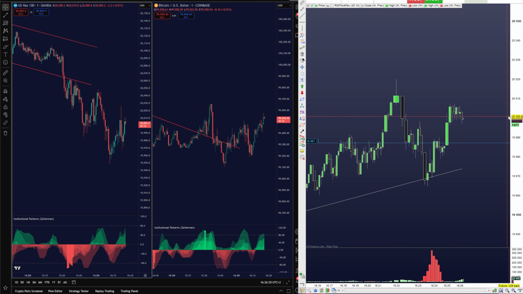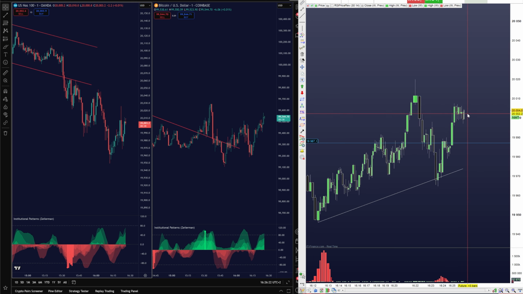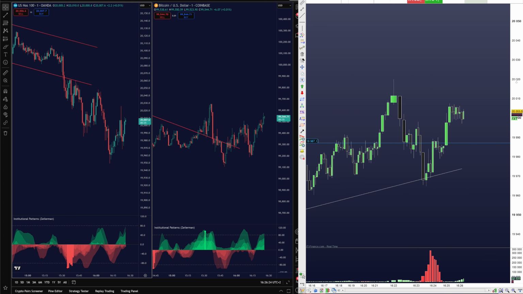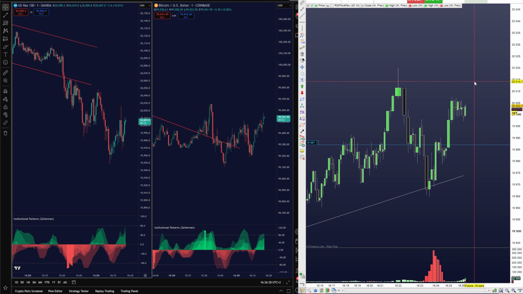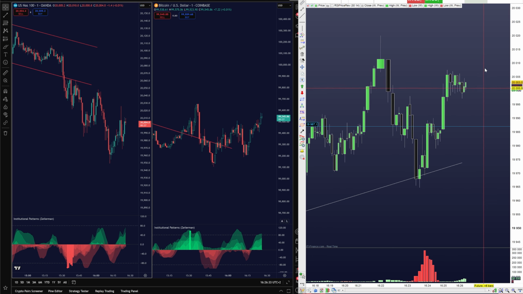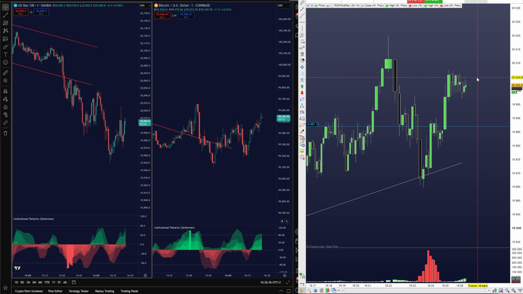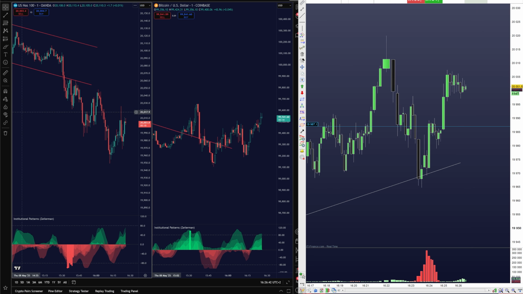If we can't break this 20k mark and flush above this high now within a few minutes, I will consider taking my profit, just a small profit, just to reduce my market risk. I don't want to be exposed to a market that doesn't move in my favor, especially around these levels. So a small profit is better than a big loss, right?